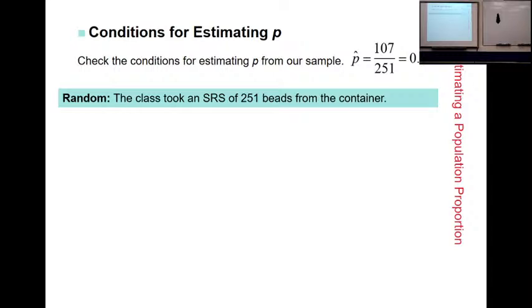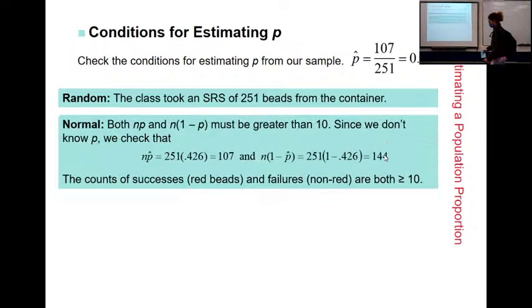Normal. We'd usually check n times p and n times 1 minus p, but now it's going to be p hat. So if we were to check those, here's n times p hat, here's n times 1 minus p hat. We get 107 and 144, and both of those are at least 10.